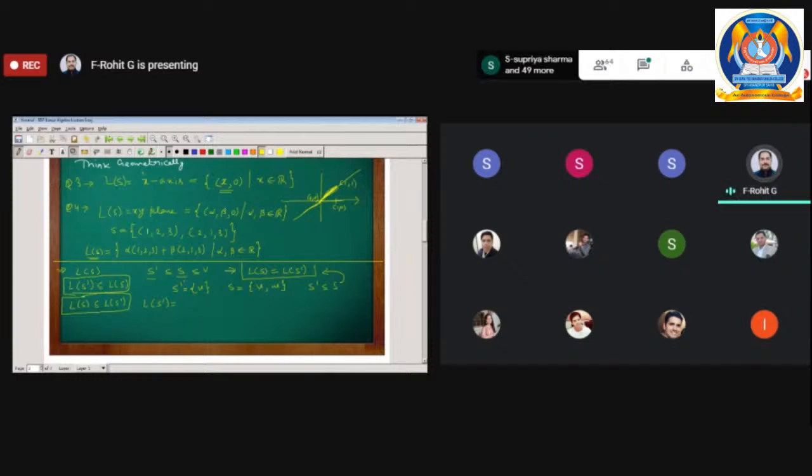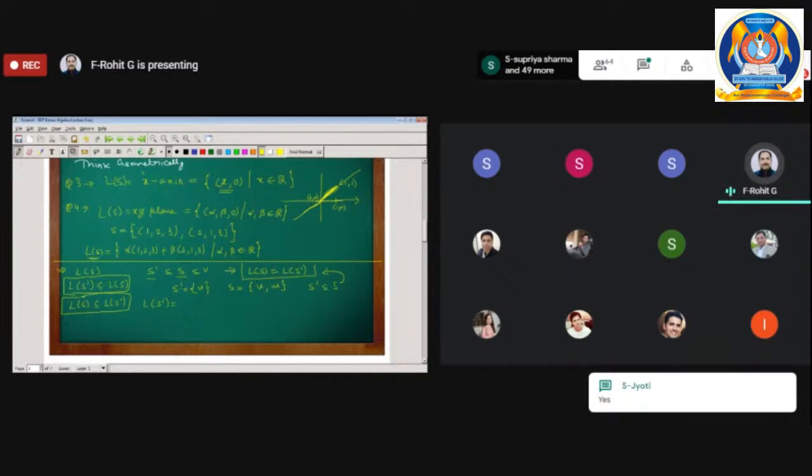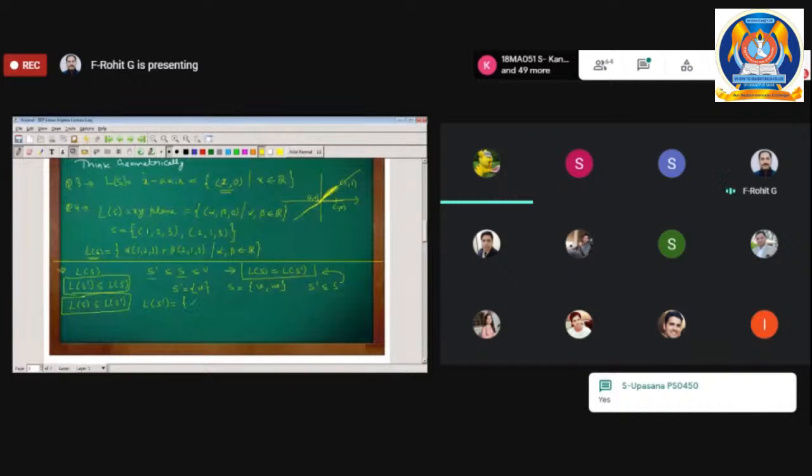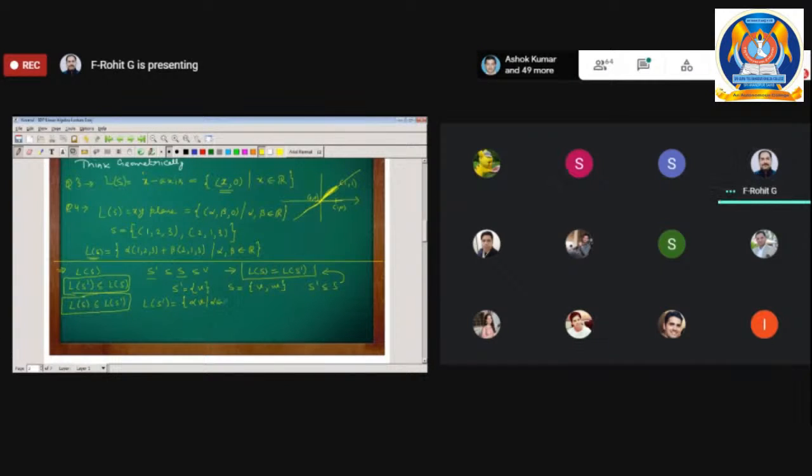Who will tell me? I will call Avantika, 18MA060. Avantika, are you getting me? Yes, sir. So I am taking S dash as a singleton set V. What should be its linear span? Sir, alpha V, it's a set of alpha V, and alpha belongs to the real numbers R. And what is the linear span of S?